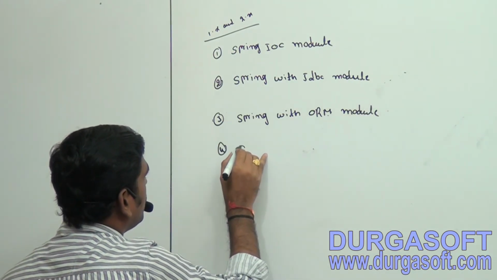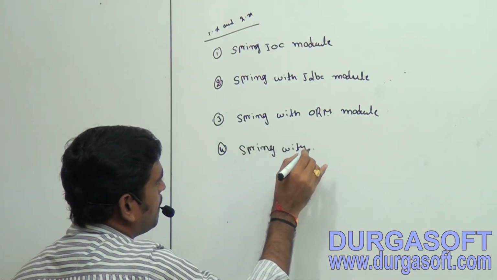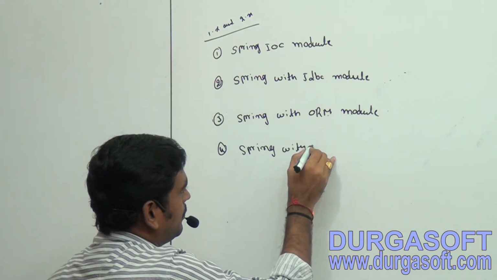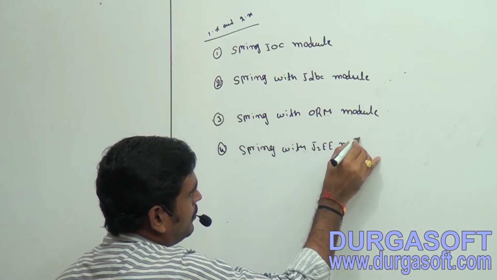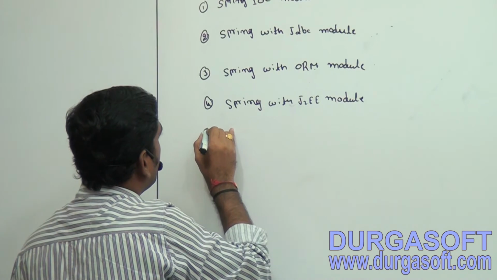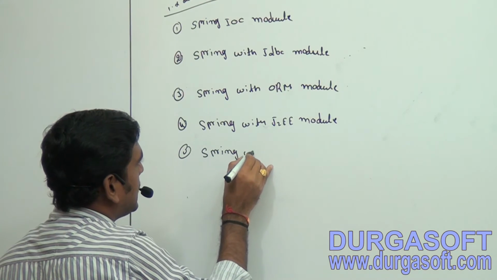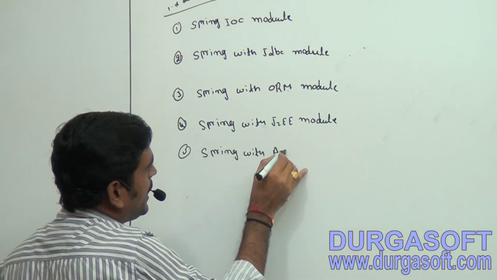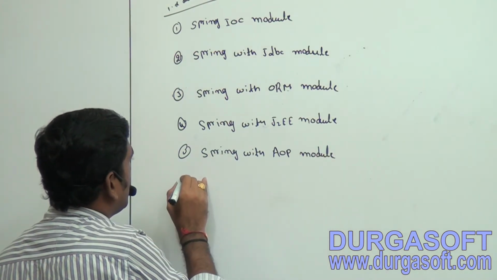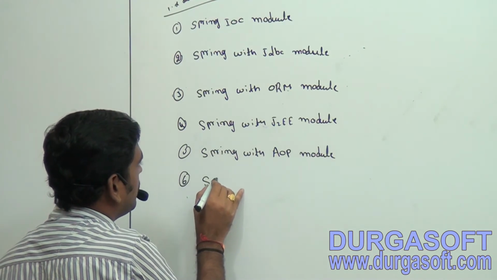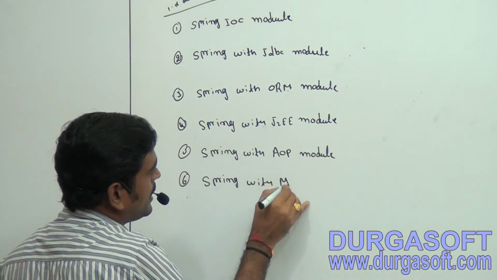Number 4, Spring with J2EE module. Number 5, Spring with AOP. Number 6, Spring with MVC.